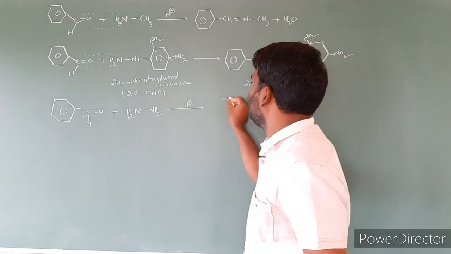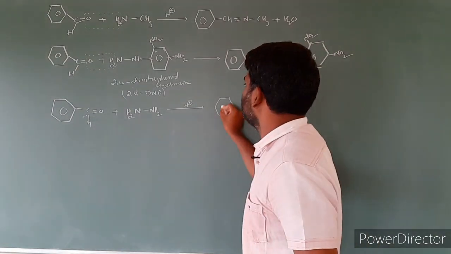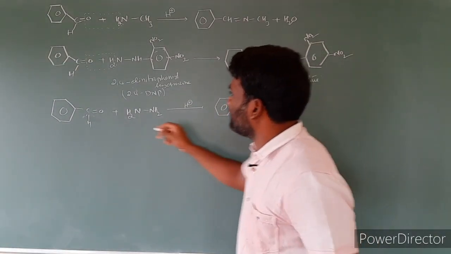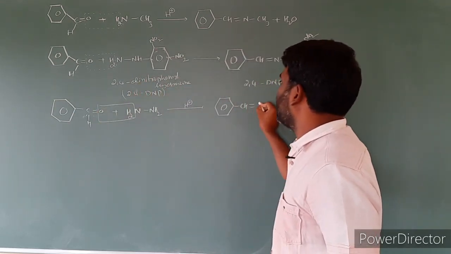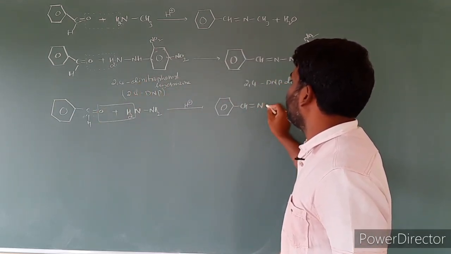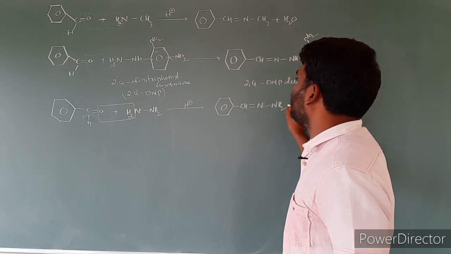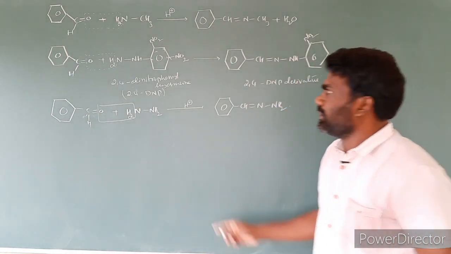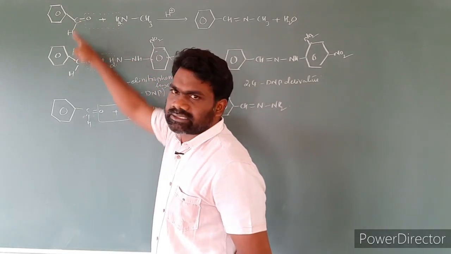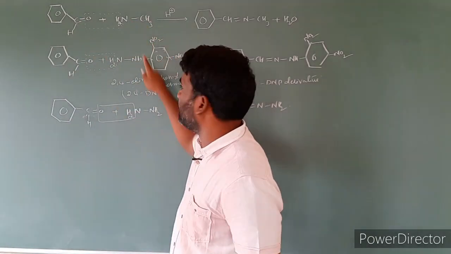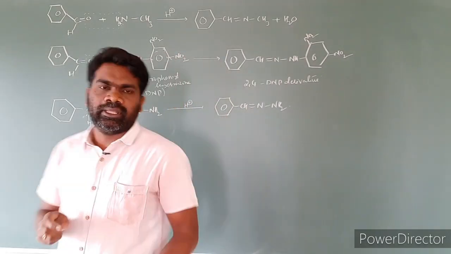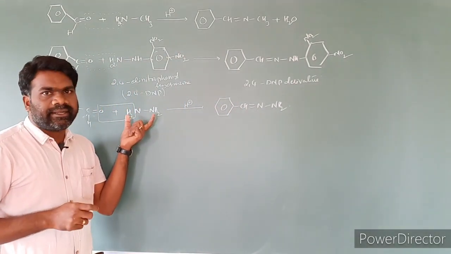Then the product is CH, eliminating the water molecule, double bond NH2. So this is the product formed in this reaction. What I am doing is keeping the aldehyde common and changing the derivative: CH3NH2 amine, then 2,4-DNP, then hydrazine.